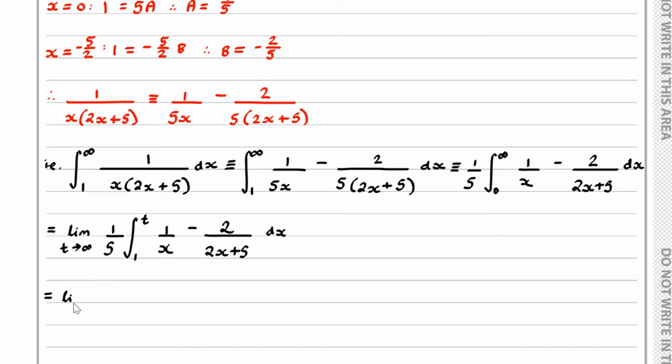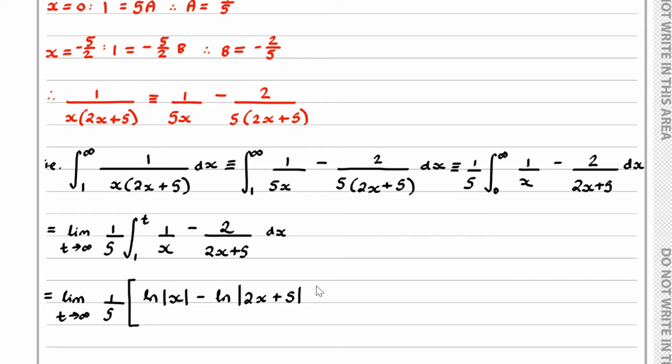So, continuing with our working, we've got the limit as t tends towards infinity of 1/5. Now here, if I integrate 1 over x, I'm going to get the natural log of x, so we're going to evaluate the natural log of x, and if I integrate minus 2 over 2x plus 5, I'm going to get minus the natural log of the mod of 2x plus 5.